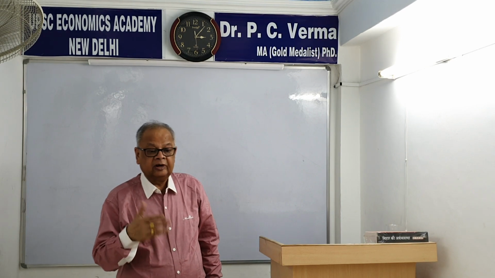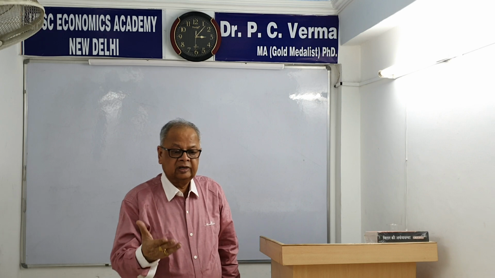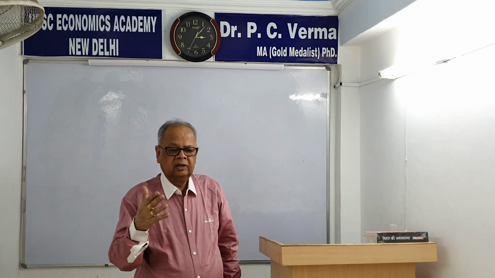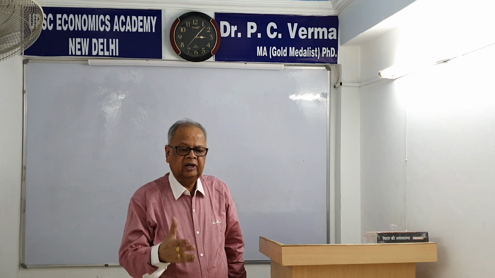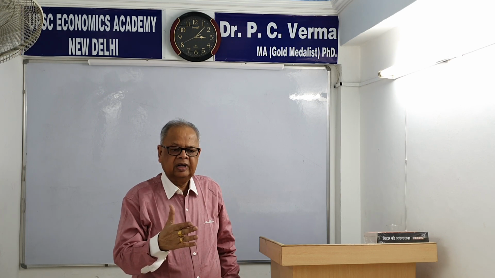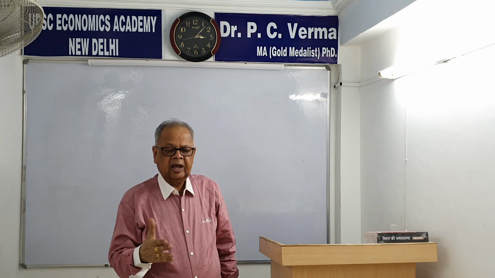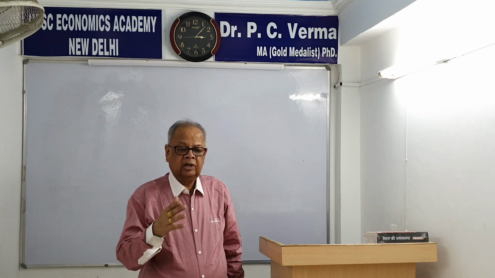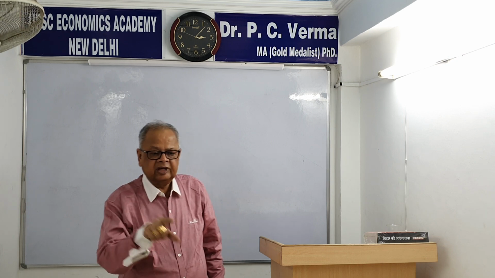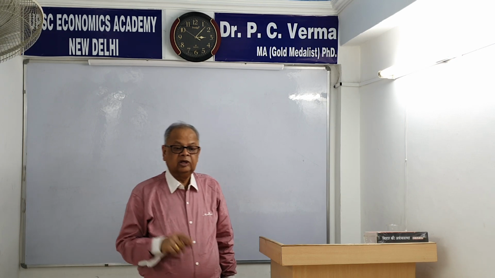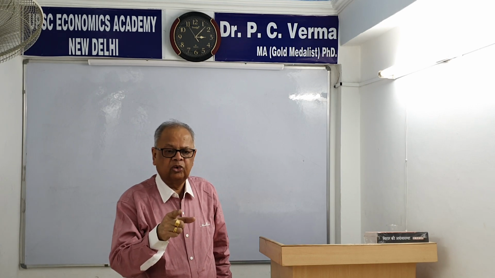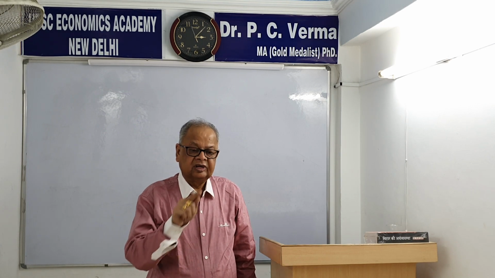Thereafter, Alfred Marshall supported the cash balance approach in 1919 in his book Industry and Trade. And this theory was also supported by John Maynard Keynes in his book A Tract on Monetary Reform, published in 1923.